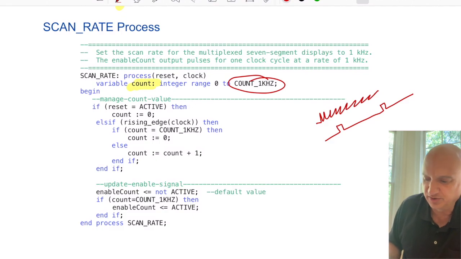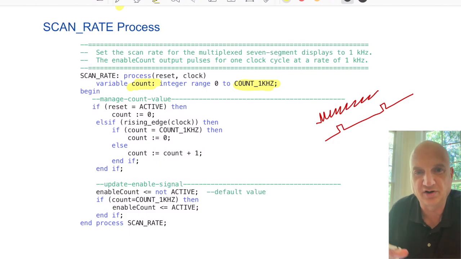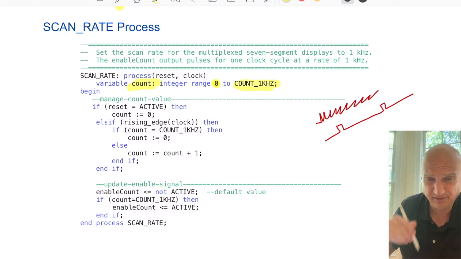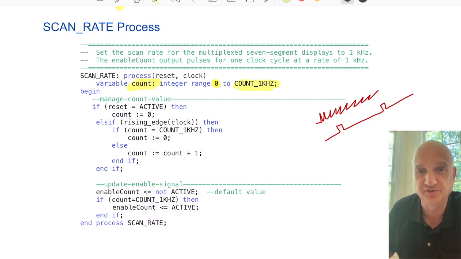What we're going to do is have a count that has been set up in our constants at the top that tells us how many cycles to go in order to do this. We're going to count from 0 to that value. And once we've reached the value, then we're going to activate the enable pulse and cause that enable to happen so that it drives the rest of the system. All right.